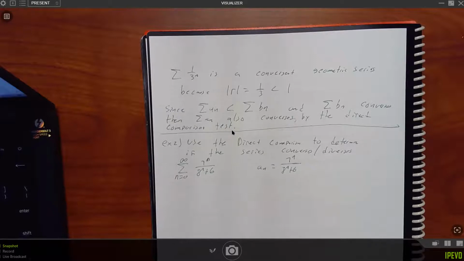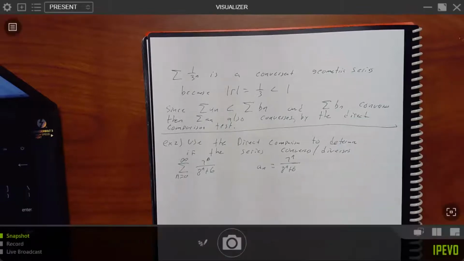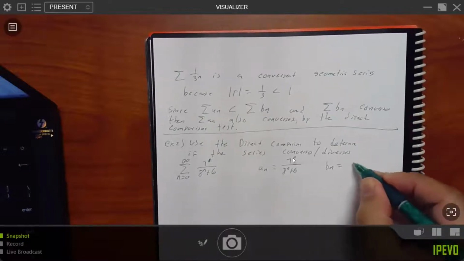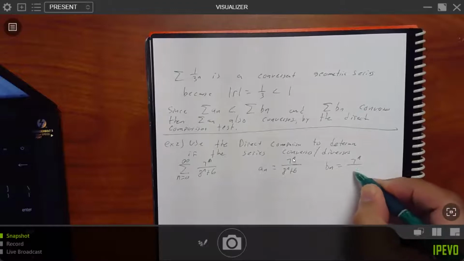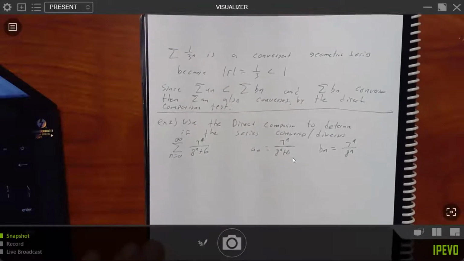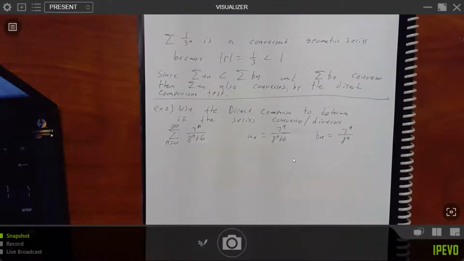That's how you choose it. 7/8. So yeah, 7 to the n over 8 to the n. Yeah, that'll work. Okay.